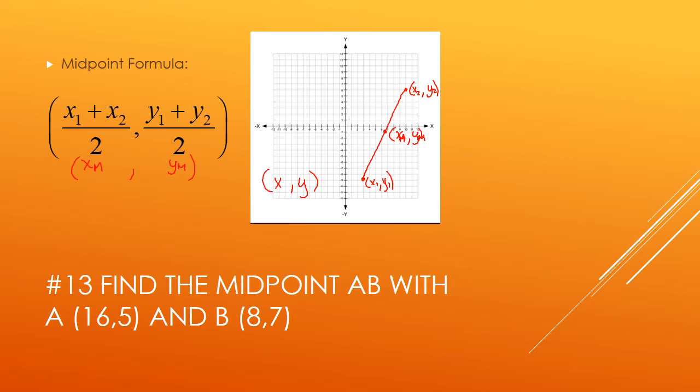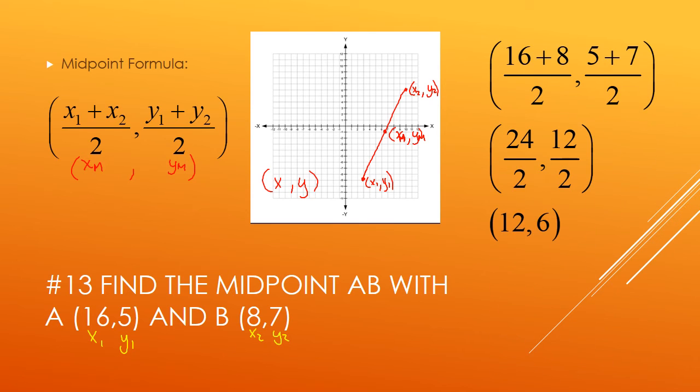You just plug the values in. The best way to do this is to go ahead and assign values. I'm going to assign this as x1, y1, because remember, points are always x, y. And this is going to be x2, y2. So now I can just substitute these values in. So x1 is 16 plus x2, which is 8, divided by 2.